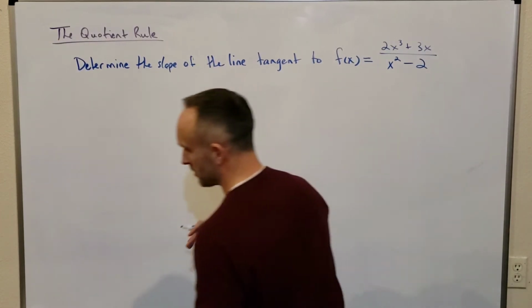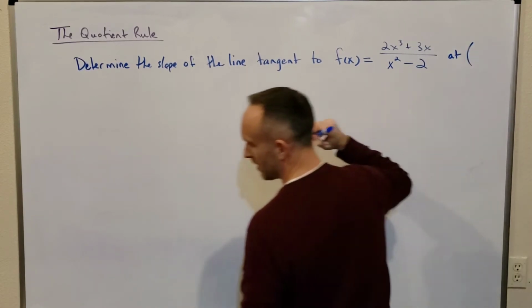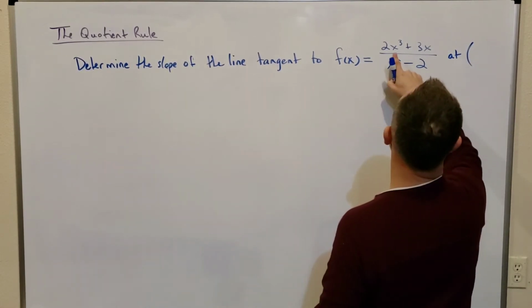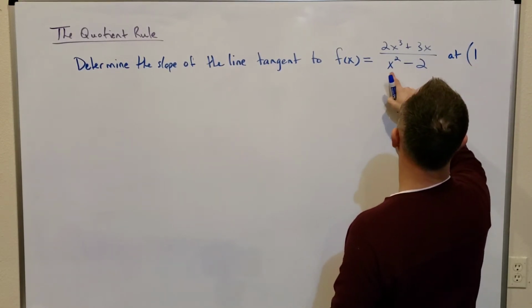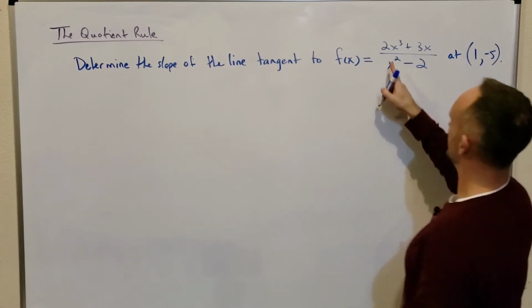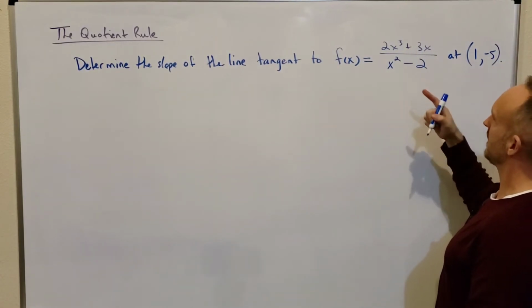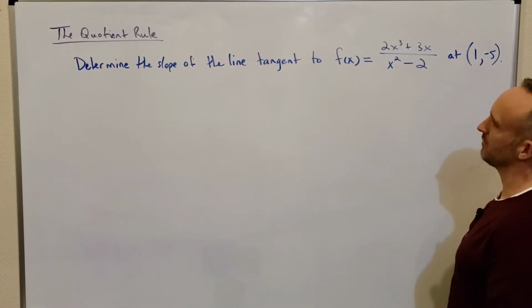Let's determine the slope of the tangent line to that function at the ordered pair, let's say x is 1, and then y in that case would be negative 5. All I did was plug 1 in for x, and I could see I'd get 5 over negative 1, which gives me negative 5, okay?